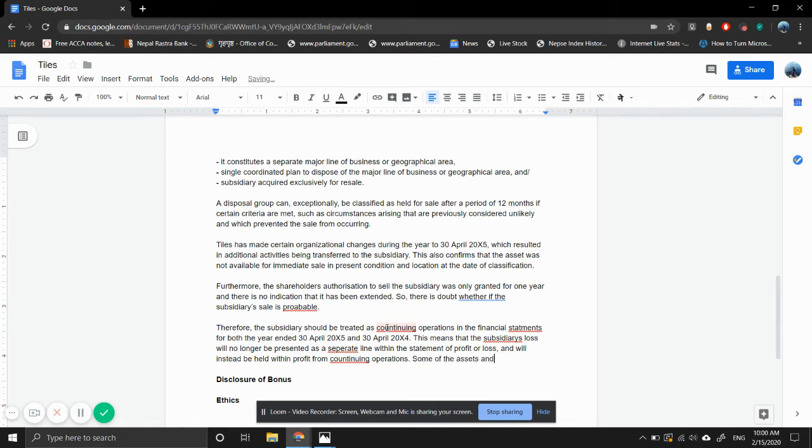Some of the assets and liabilities should also be reclassified from current to non-current.